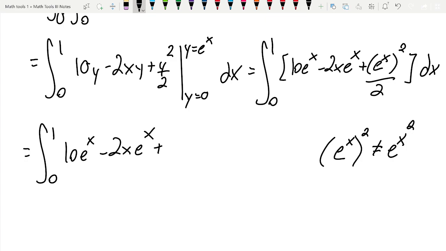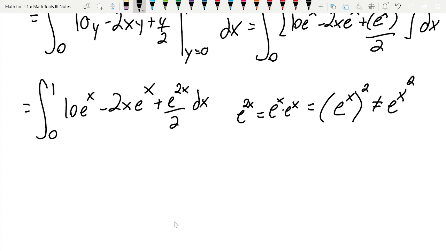Even though with our exponent rules these do kind of look like the same thing, this is equal to e to the x times e to the x, which is equal to e to the 2x. So this is very different, an important distinction, especially when it comes up on this part right here. So this is e to the 2x over 2 dx.